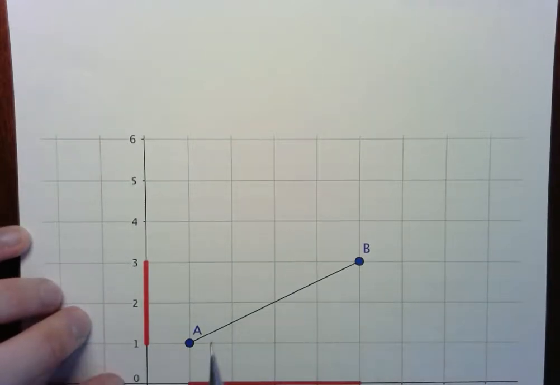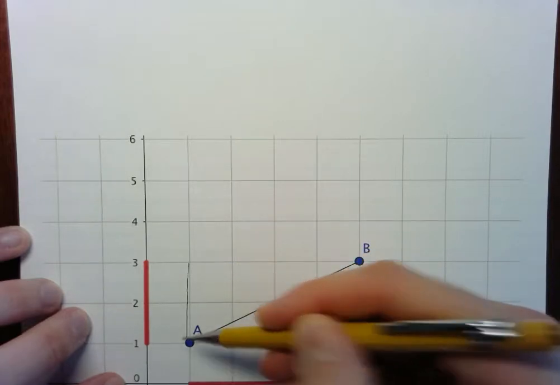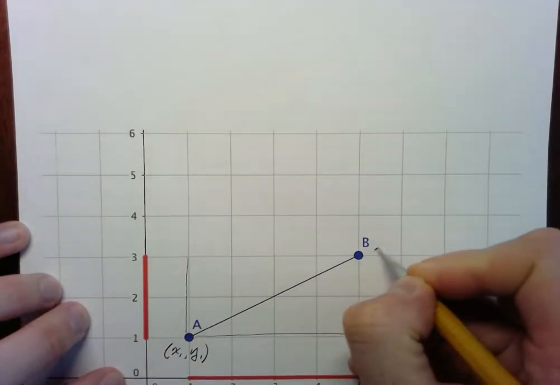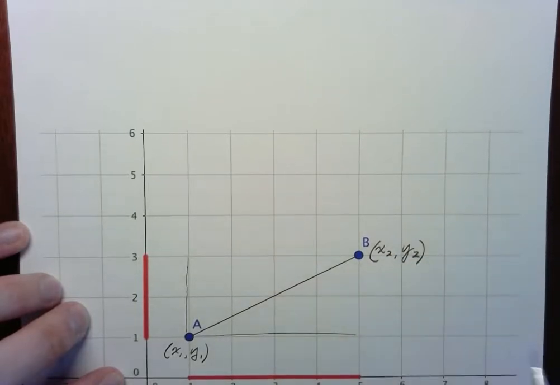And so if we're looking at the average in the x direction and the average in the y direction, as you can see here by the red lines, let me just write this out as (x1, y1) and (x2, y2), because each of these points has an x and y.